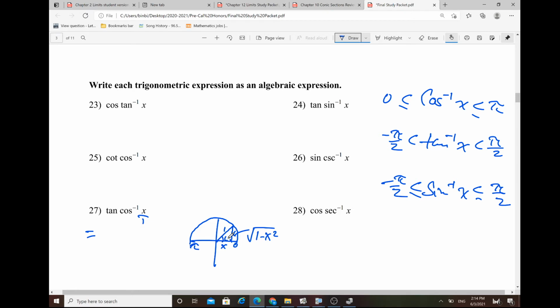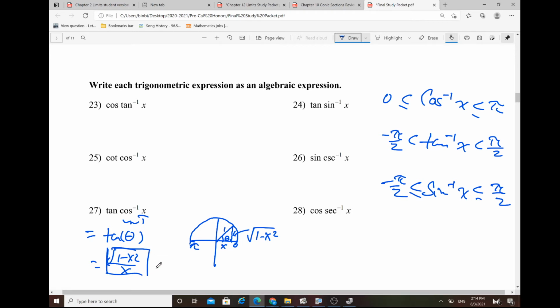And here's where theta is. The inverse of cosine of any ratio, doesn't matter what kind of ratio it is, once you take the inverse, you always get the angle. So this one is basically tangent of theta. With the same diagram, tangent of theta is opposite over adjacent, so square root of 1 minus x squared over x. Okay, so that's what we got.